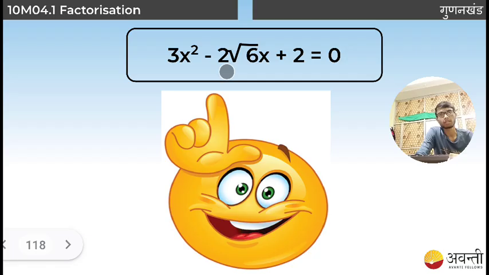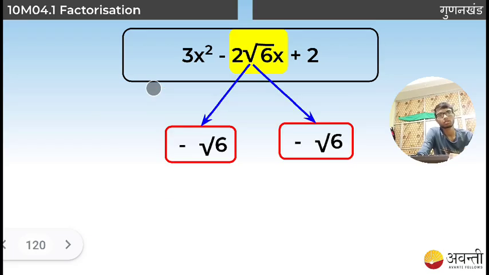Now let's simplify it. We know that this will become 3 times 6. But what would be the product which will give us 2 under root of 6? So 3 times 6. Here it should be minus 6 will become 12. 6 times 12.